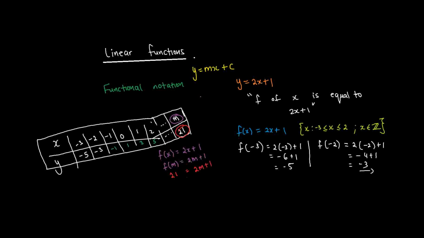All I can do now is solve this simple linear equation. I'm going to take 1 to the other side, so 2m is equal to 21 minus 1. 2m is equal to 20. Divide both sides by 2. m is equal to 10. How do you interpret that? You interpret that as f of 10 is equal to 21. When the x value is 10, the corresponding y value is 21.